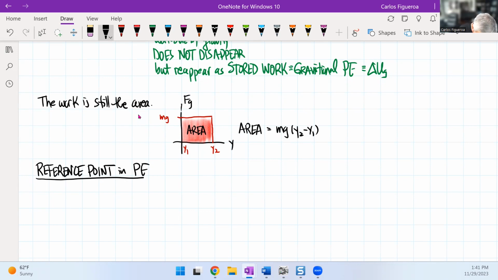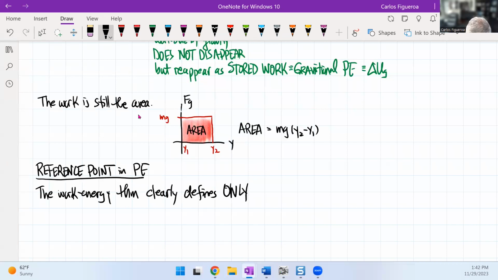And what we say here is that the work energy theorem clearly defines only changes in energy as meaningful.